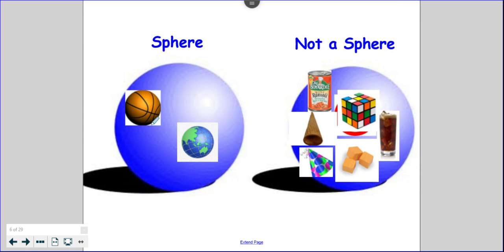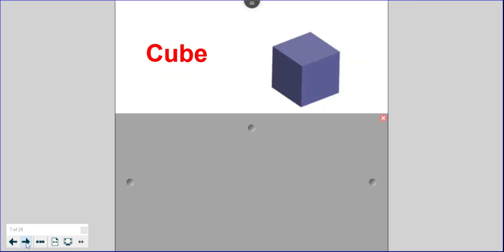So, spheres, we sorted the things that were spheres and that were not spheres. I have a new shape for us that I think you will be pretty familiar with. That is a new 3D shape and it is called a cube. Just like a sphere, a cube is a 3D shape.